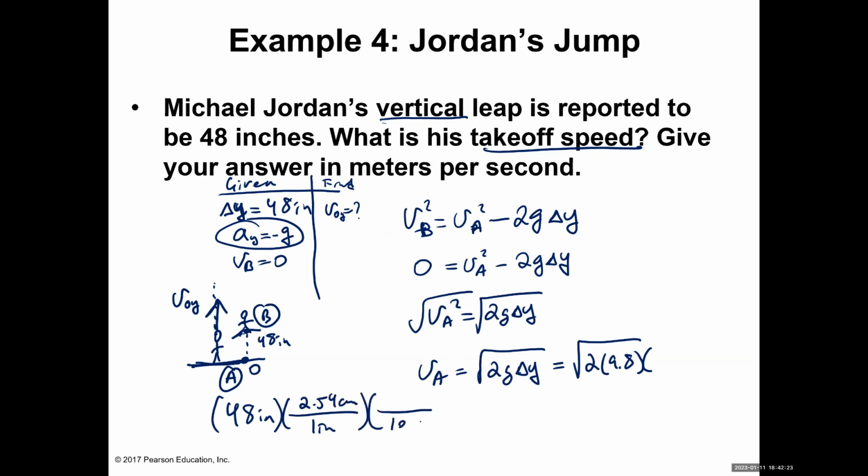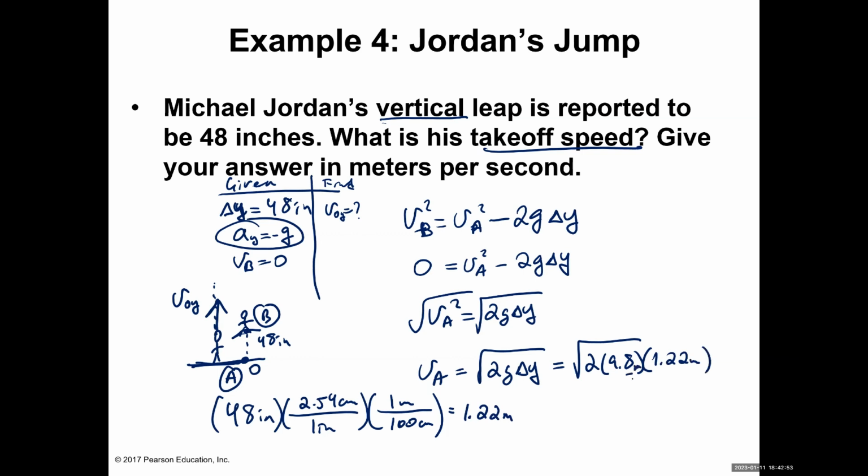And then I know that 100 centimeters is 1 meter. Maybe you guys know it directly from inches to meters, I just don't remember that. So 48 times 2.54, then divided by 100. So I get, let's say, 1.22 meters.